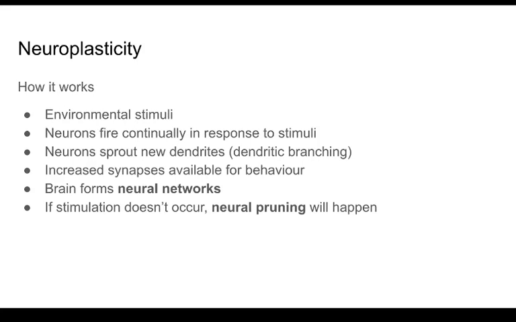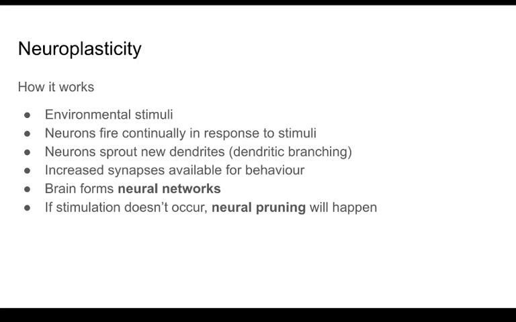So yeah, basically how neuroplasticity works is that you need to have some stimuli, and then this stimuli would affect your neurons to fire impulses. And these impulses will sprout new dendrites, and it will allow you to have increased synapses available for behavior and help you form a lot more neural networks.